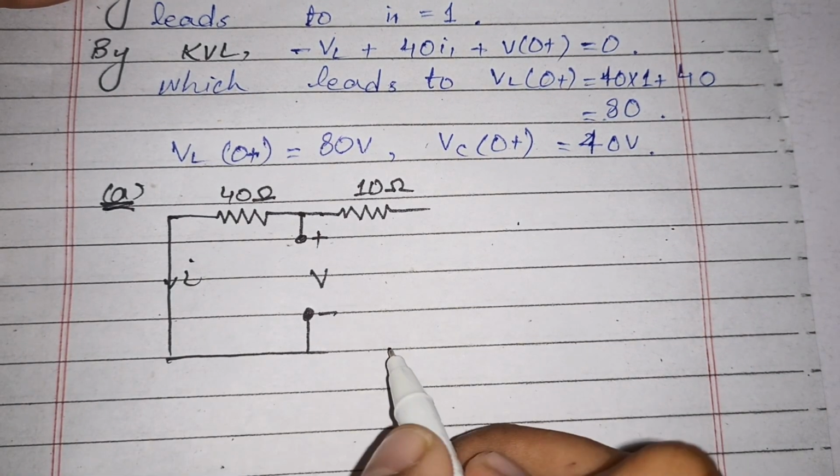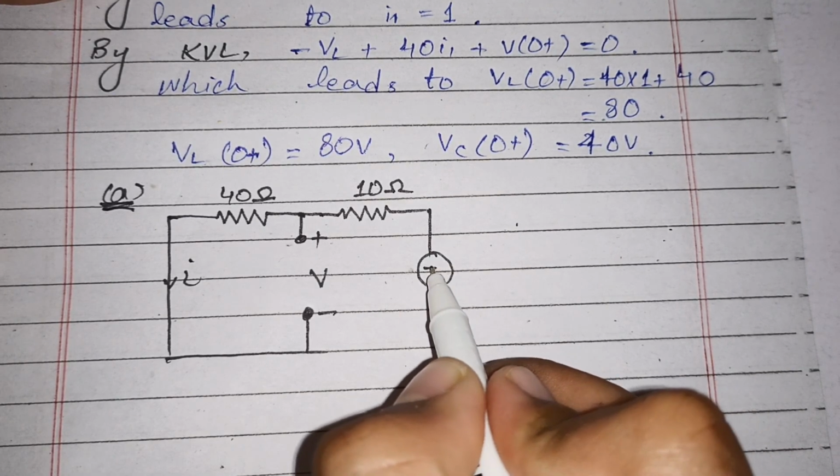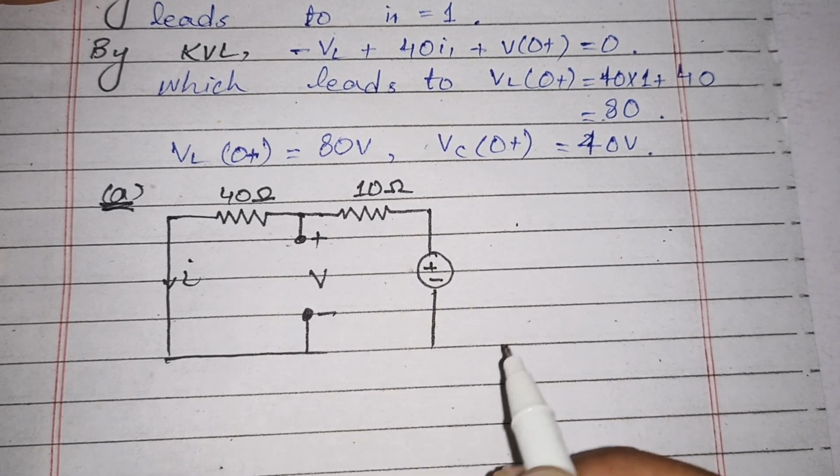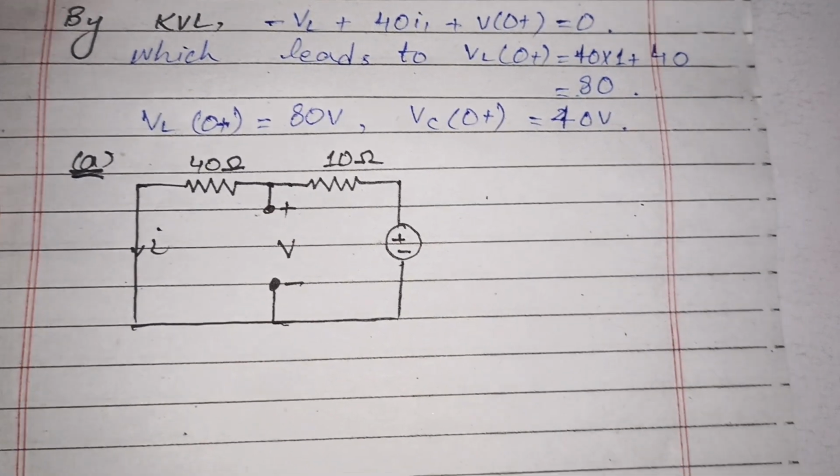This is I, the current, and this is the DC source. Here is plus and here is minus. This is for A.